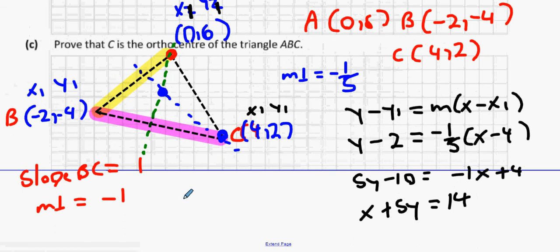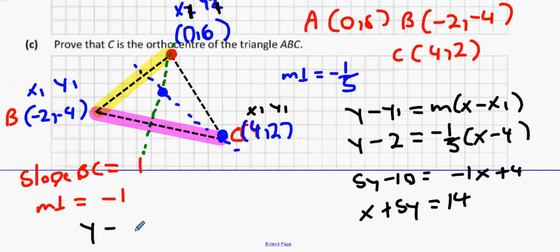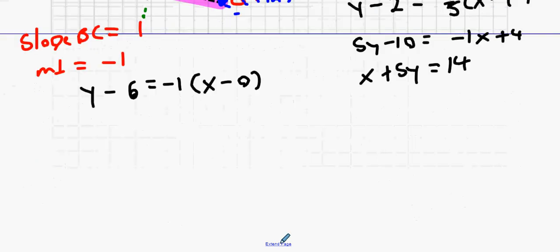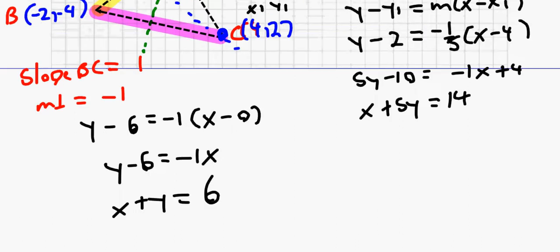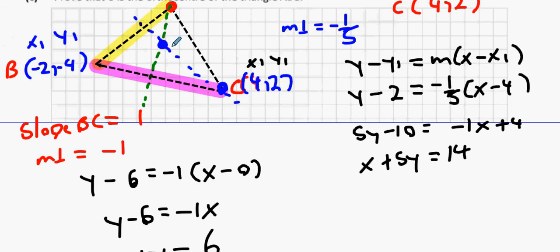(0, 6) is now x1 and y1. Using the equation of the line formula, it's y minus 6 equals -1 into x minus 0. So y minus 6 equals -x, and x plus y equals 6. How do we find out where the green line hits the blue line?